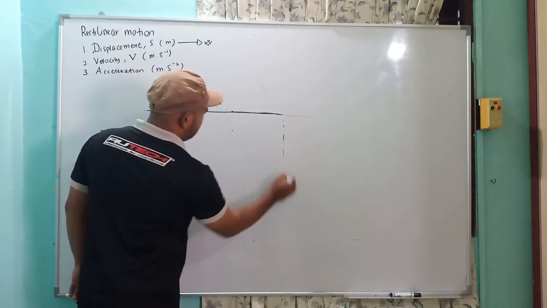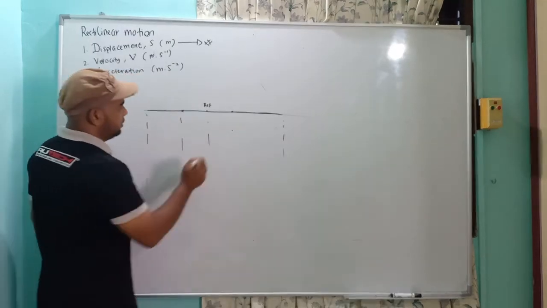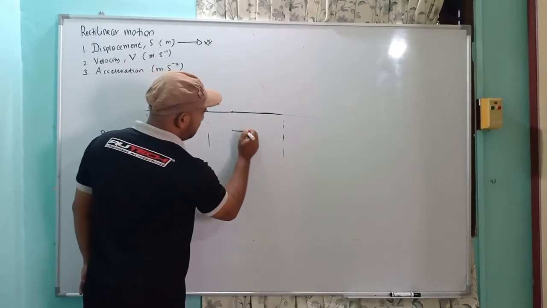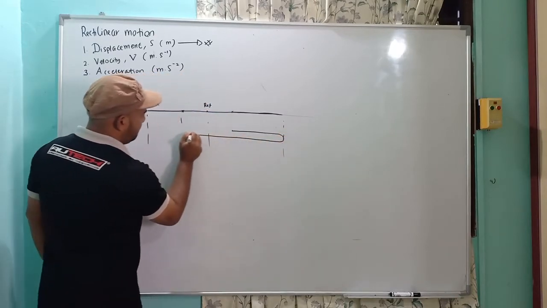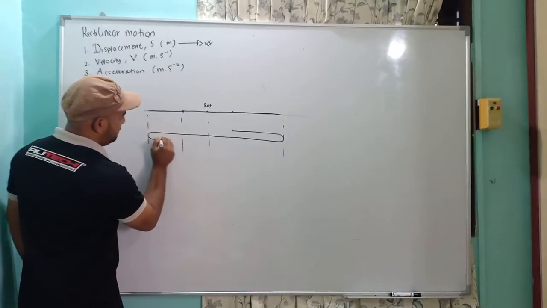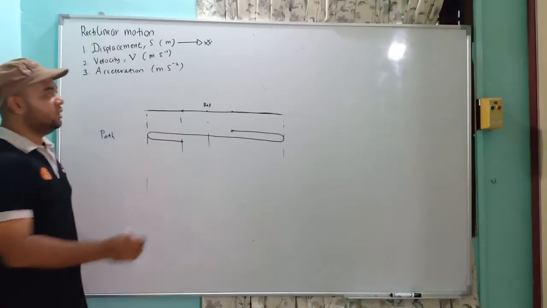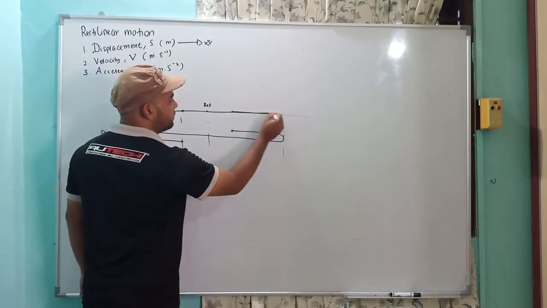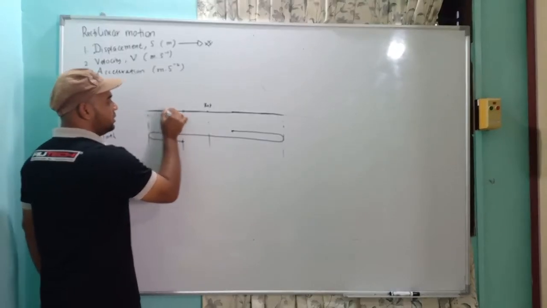Start from here, go to the front, turn here, go straight up to here, then turn and stop here.